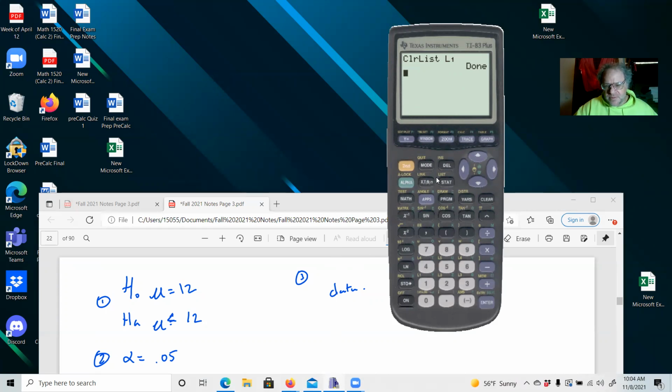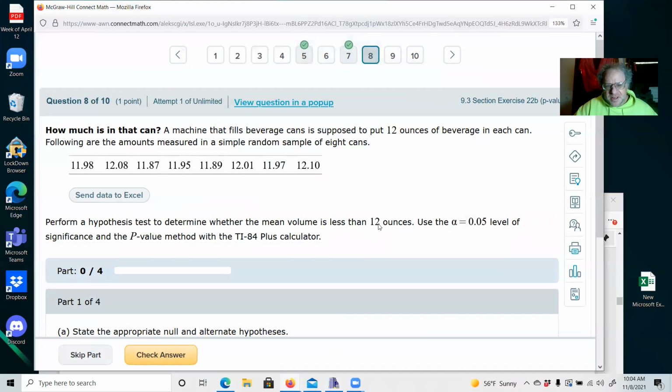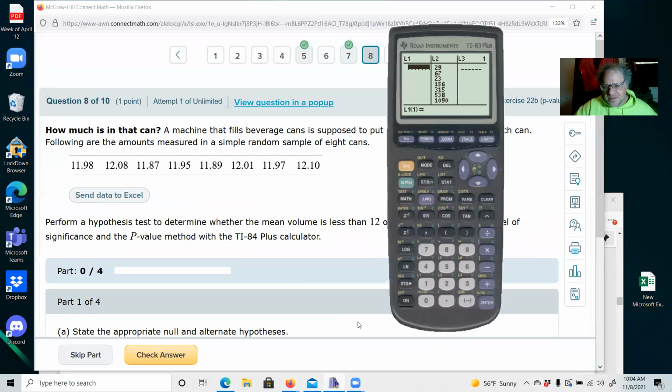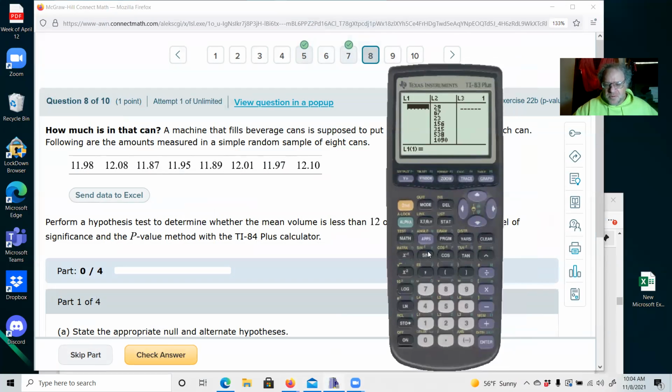We're going to go to stat, and again, we're going to edit. So we're going to say this is 11.98, 12.04, 11.87, 11.95, 11.89, 12.01, 11.97, 12.10.